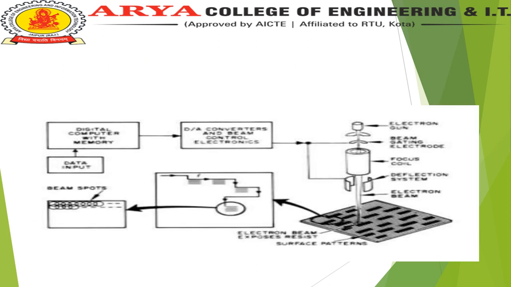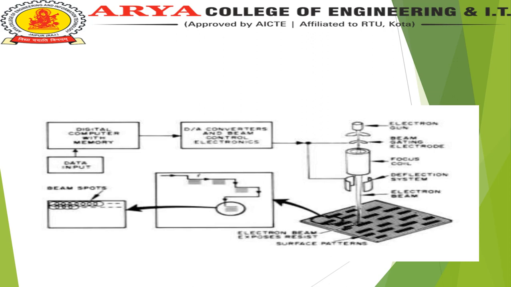This is a basic schematic diagram of electron beam structures. We are seeing the electron beam column, the plate, and the beam spot, where we are going to write a pattern. Here we take the data inputs in the form of signals, converted from analog to digital signals. There is some memory where we store the data.